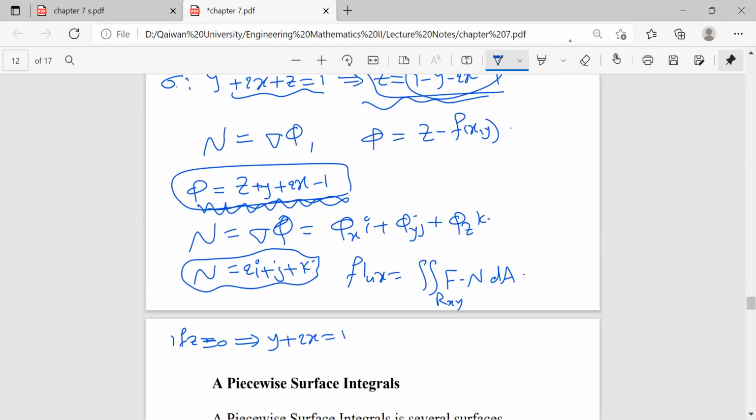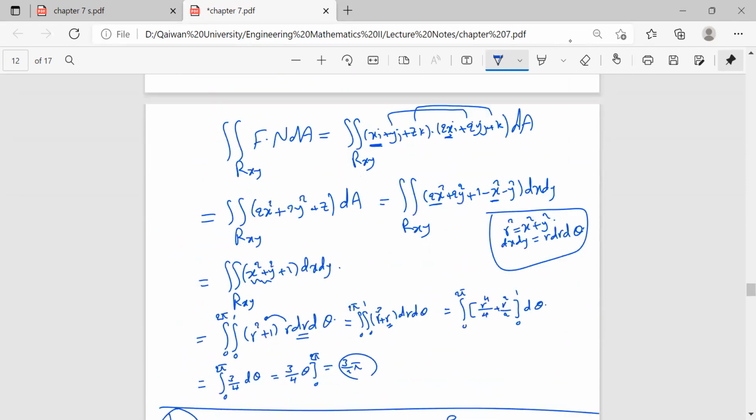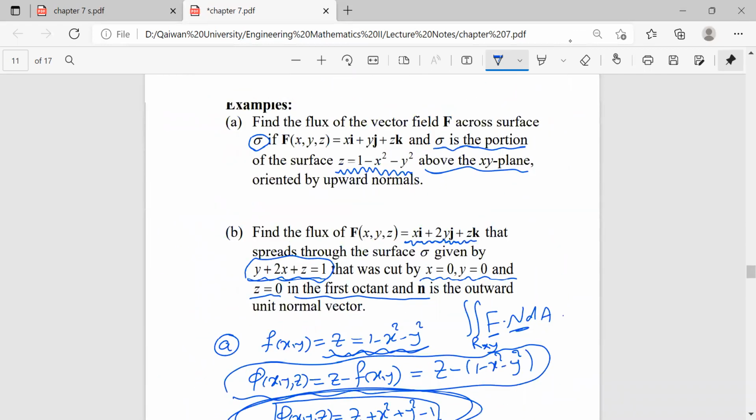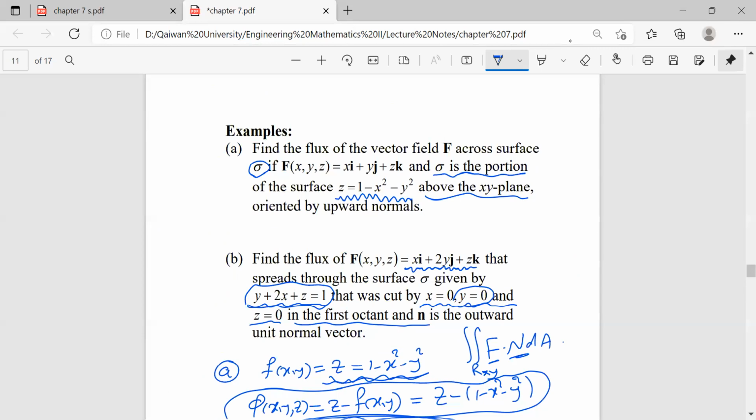We always find the limits for the integration from the surface. We don't find them from the vector field. Then y equals 1 minus 2x, but it's given that y equals 0 also. That means y is from 0 to 1 minus 2x.